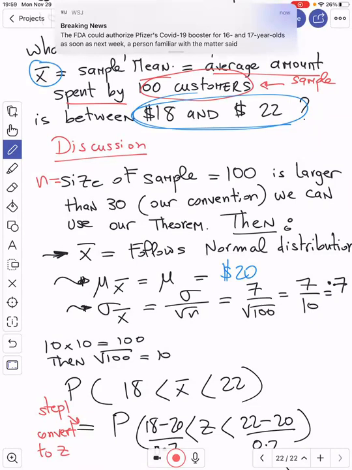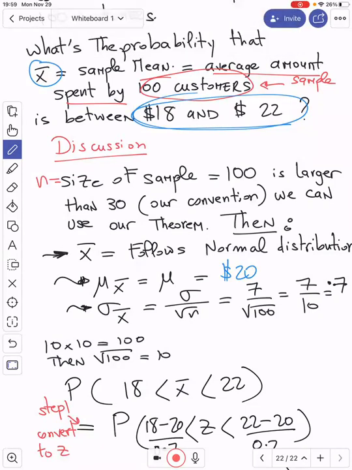So as the size of the sample gets large, you can approximate the distribution of x bar by a normal distribution. The mean of this x bar is the same as the mean of x. But just be careful: the standard deviation of x bar is not exactly equal to the standard deviation of x. It's the standard deviation of x over the square root of the size of the sample, the square root of n.